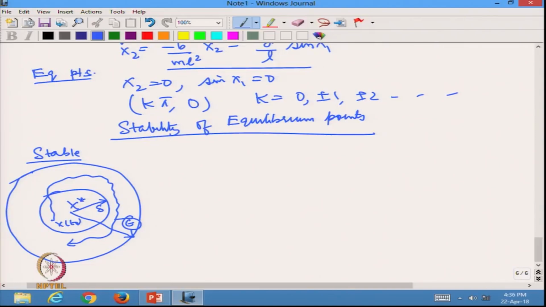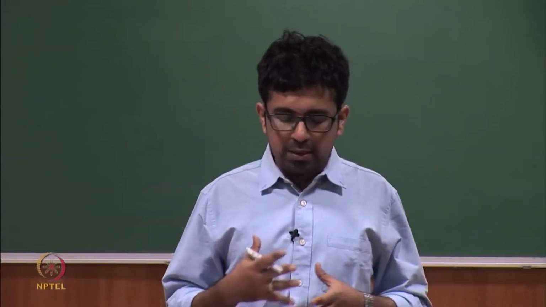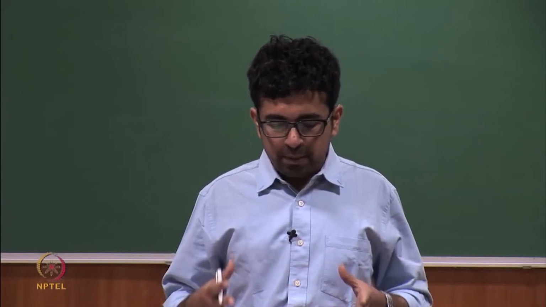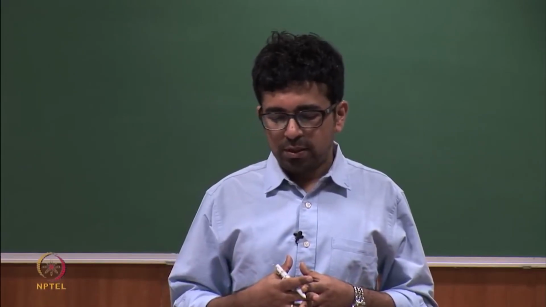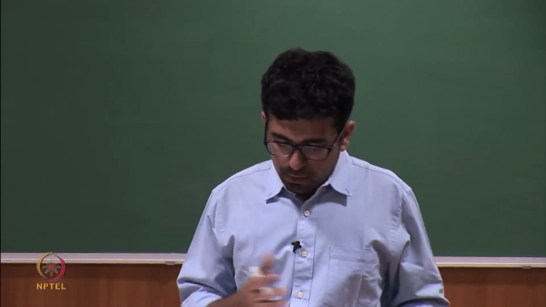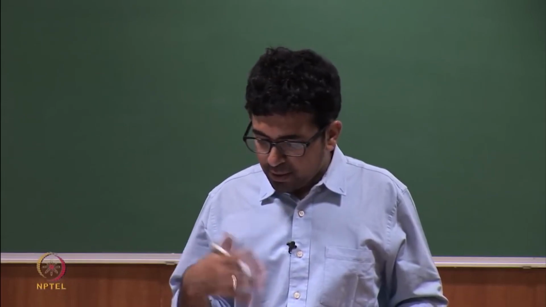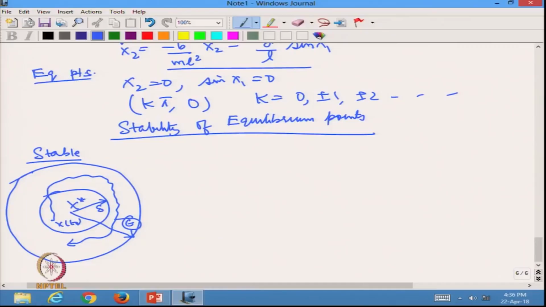Given any epsilon, if you could find a delta ball where you start from, then you could say that your system is stable. This is how you illustrate the concept of stability, which just means that small perturbations from the equilibrium point result in small deviations from the equilibrium point, or the trajectory can stay close to the equilibrium point by starting sufficiently close to it.